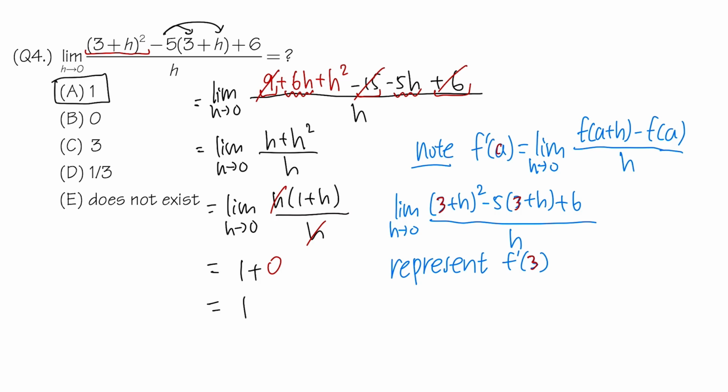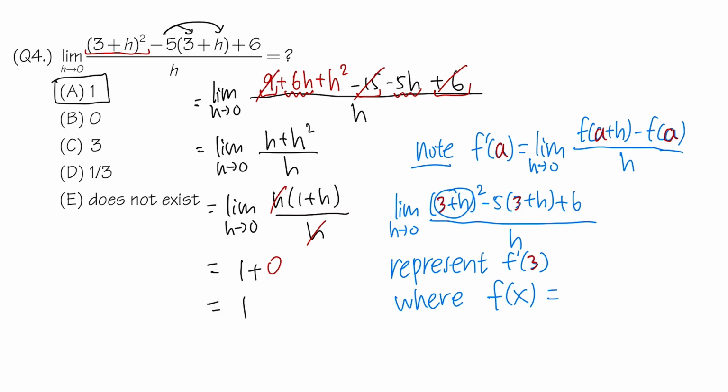Again, it was f of a plus h minus f of a. So we have f prime of 3. But we will also have to know the function. I'll tell you where our function is, this is the original. The function is, well, look at the big picture.